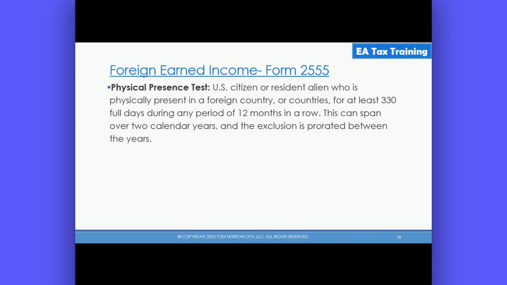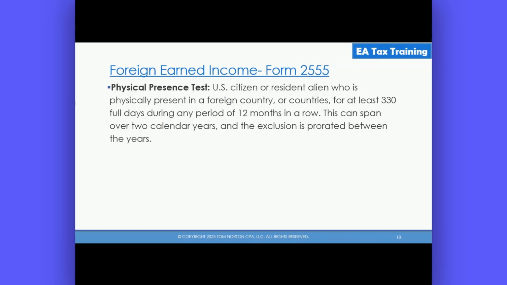So remember, your tax home still has to be in a foreign country, but you don't necessarily have to be a bona fide resident of a particular country in order to qualify. If you are physically present in any foreign country or multiple foreign countries for at least this 330 days out of 12 consecutive months, then you qualify for the physical presence test.